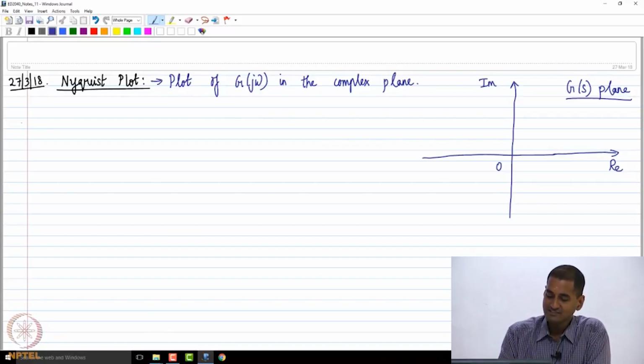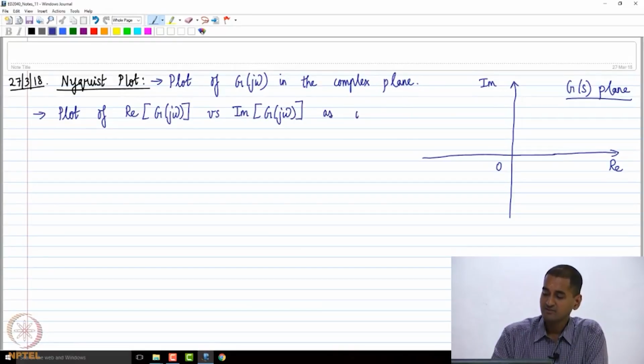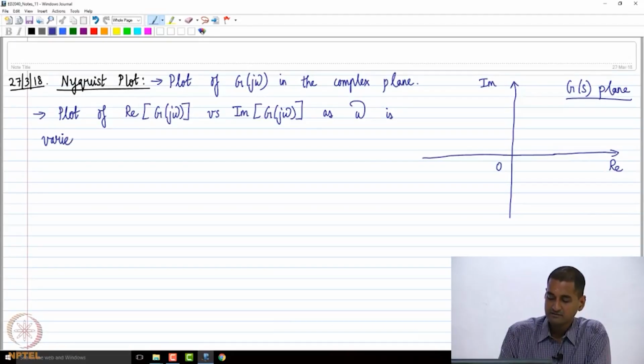So it is essentially the plot of the real part of G of j omega versus the imaginary part of G of j omega, as omega varies from 0 to infinity.